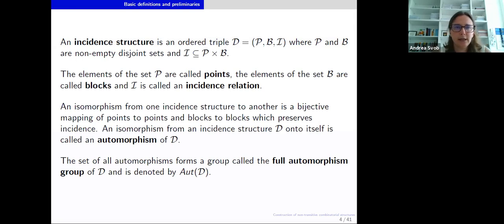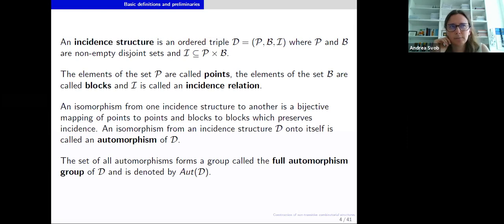Again, an incidence structure, just to remind you, is an ordered triple D, where P and B are non-empty disjoint sets, and E is an incidence relation. The elements of the set P will be called points, the elements of the set B will be called blocks, and E will be called an incidence relation.